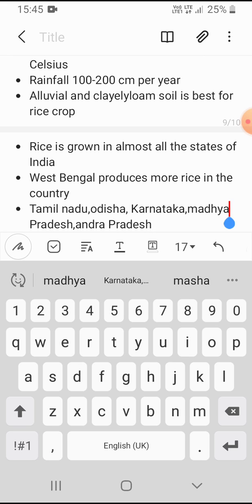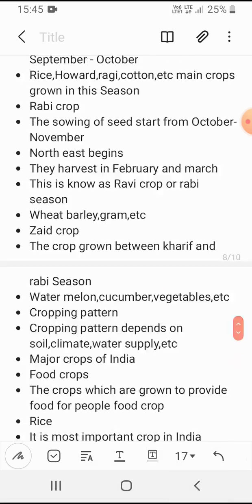Sorry, this is Uttar Pradesh, not Madhya Pradesh. So in these places more rice is grown.